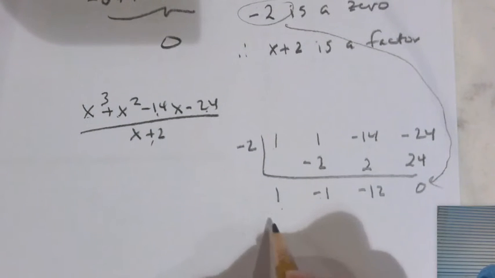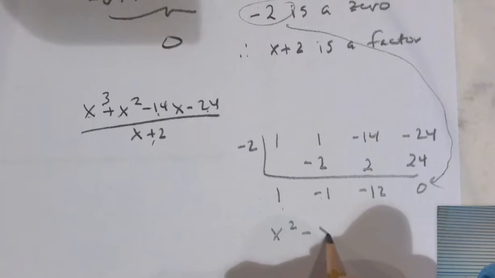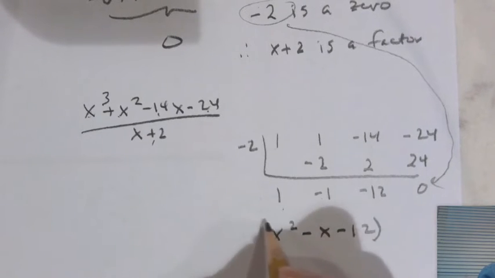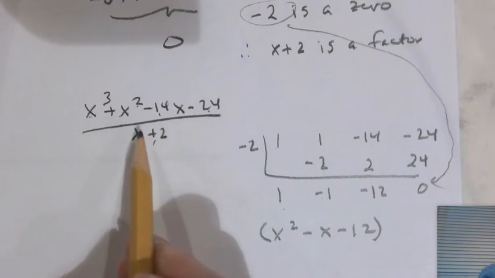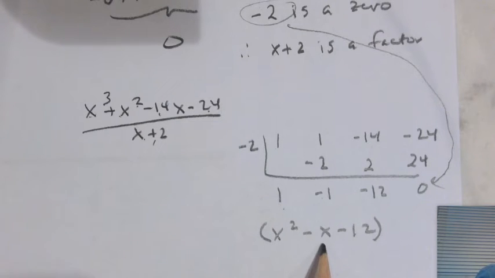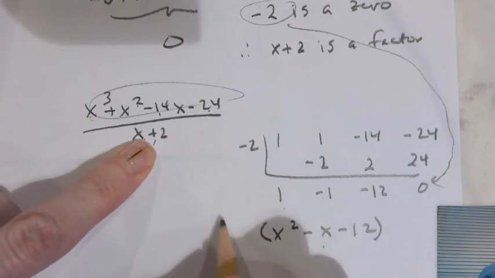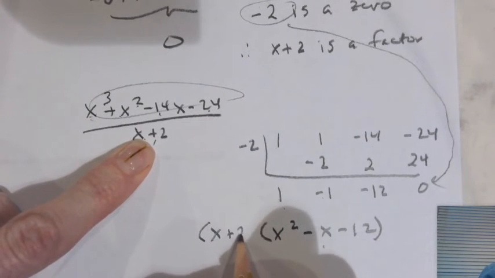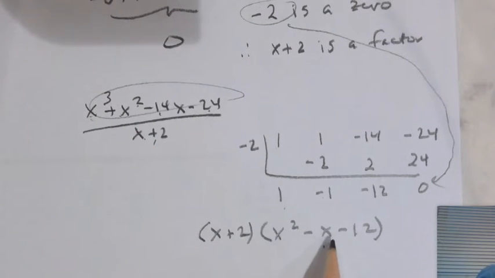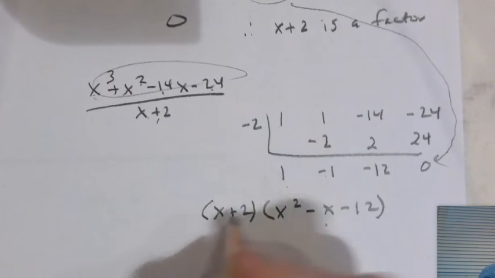Okay, and this represents x squared minus x minus 12. When we divided this by this, we got this. So that means this thing factors into x plus 2 times x squared minus x minus 12. Let's factor that further.